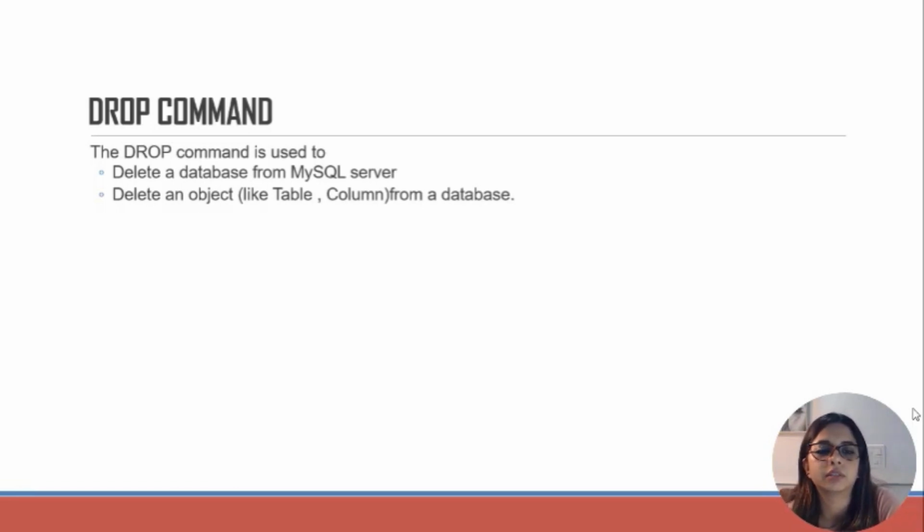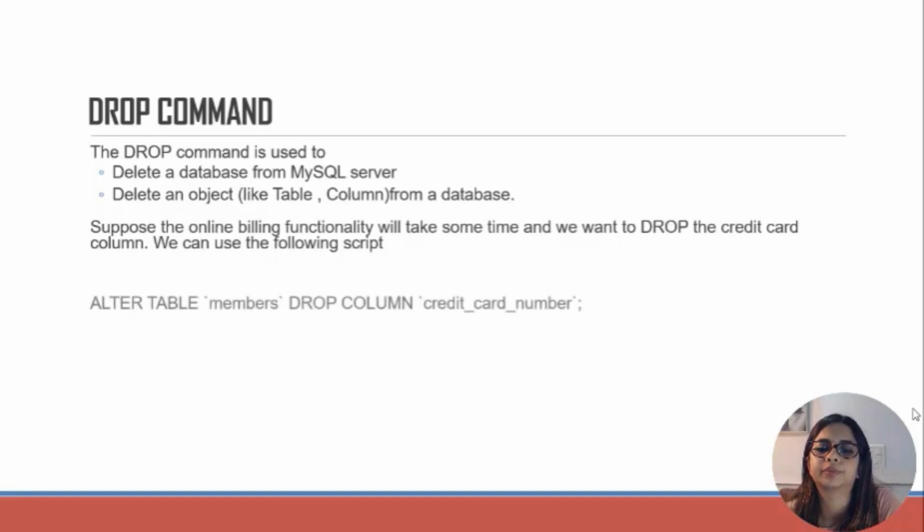So it can delete a complete database, or it can also delete a particular table or a column using the drop command. To remove a column, we do alter table, then the table name, and drop column and the column name. In that case, the entire column and its data will be deleted.